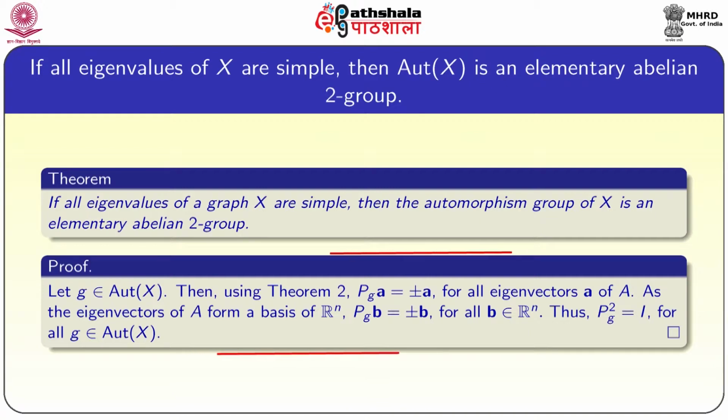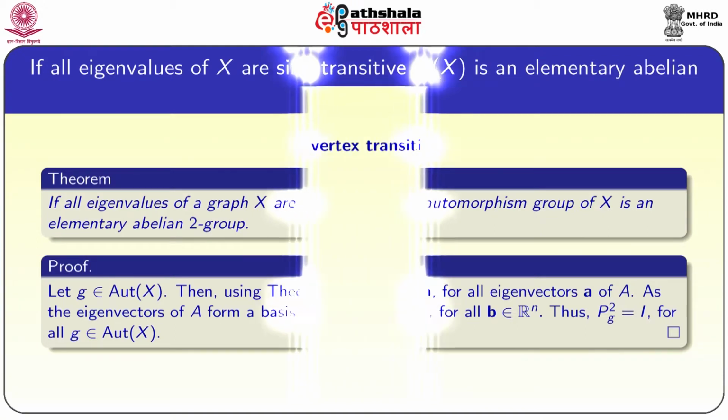As all eigenvectors of A form a basis for R^n, P_g b equals plus or minus b for all b belonging to R^n. Thus, P_g squared equals identity for all g belonging to Aut(X). That means, for every automorphism g of X, we have g squared equal to identity. So, that is why Aut(X) is an elementary abelian 2-group.